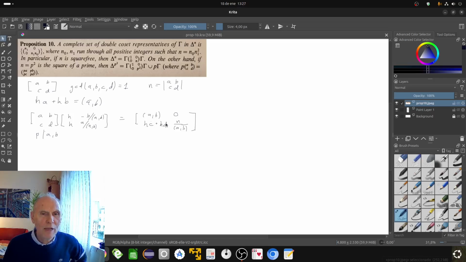If this prime is not in there, then we can subtract it or make the greatest common divisor of these two, and then it will be smaller than this and not contain p. If p divides this, then we know that p doesn't divide this.